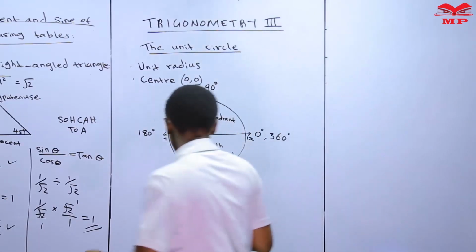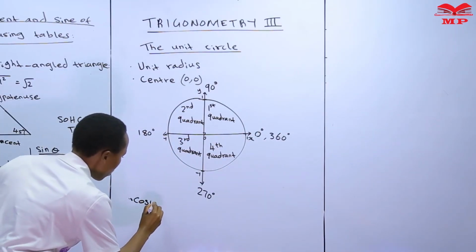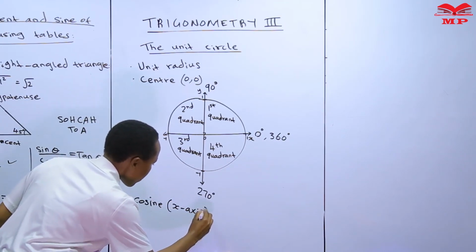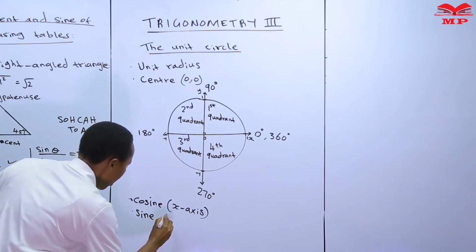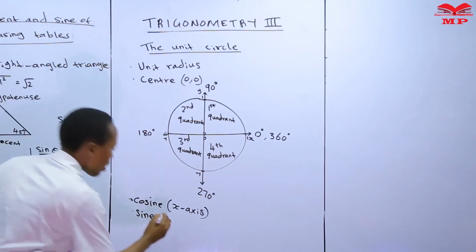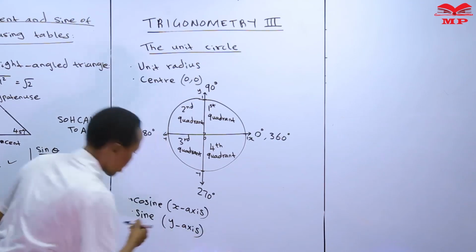When we are reading the cosine, we consider the x-axis from your previous knowledge. With the sine, we are going to consider the y-axis.